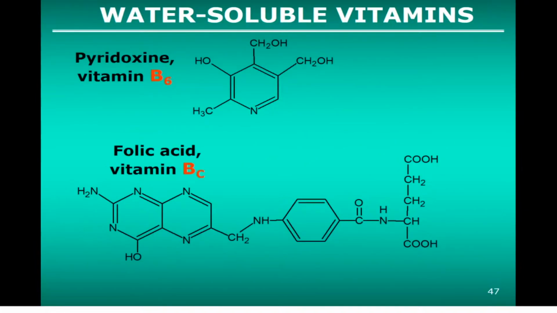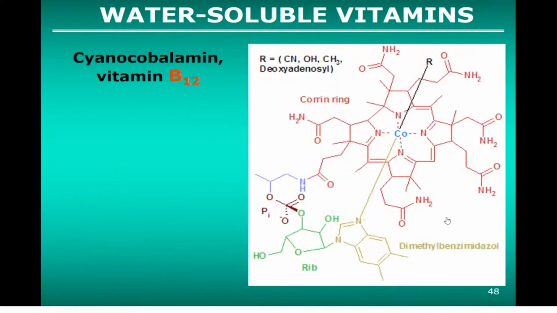Among water-soluble vitamins, B6 contains pyridine, and BC is folic acid. As you see, it's a hard structure to draw, but easy to recognize. And vitamin B12, cyanocobalamin, consists of cobalt as the central metal atom, cobalt 2 positive.